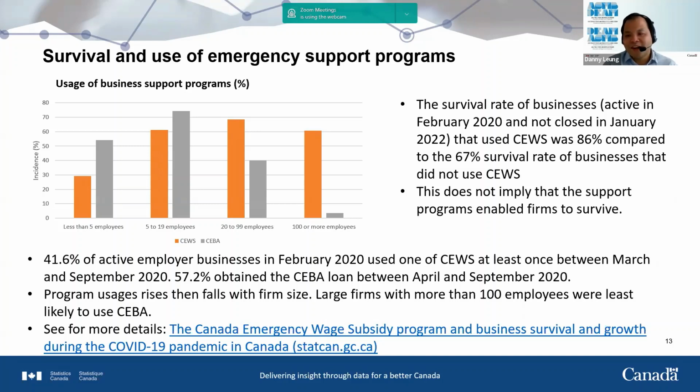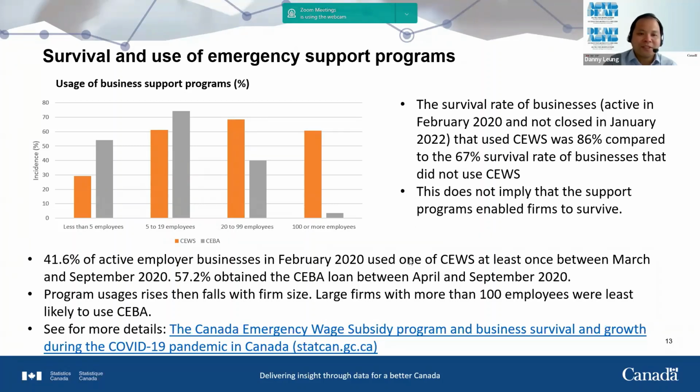This, of course, does not imply causality here. There's not really a measure of impact, because that simple correlation doesn't take into account the observables and unobservables, right, that are correlated with the survival and the usage of the business programs itself.